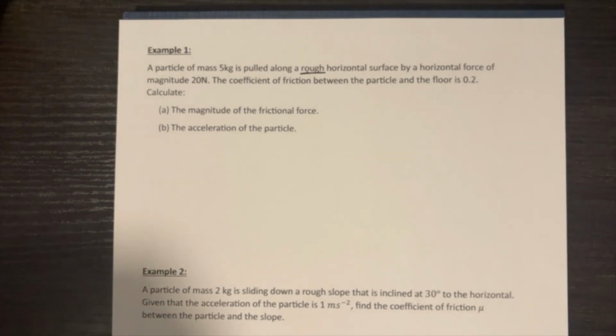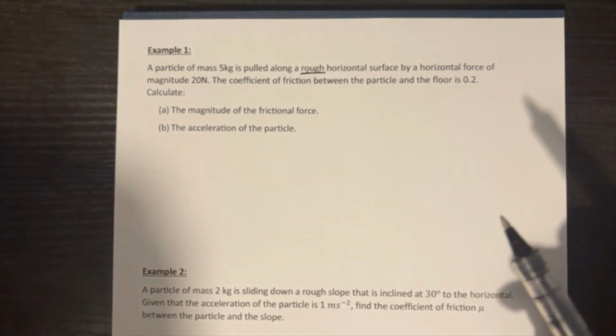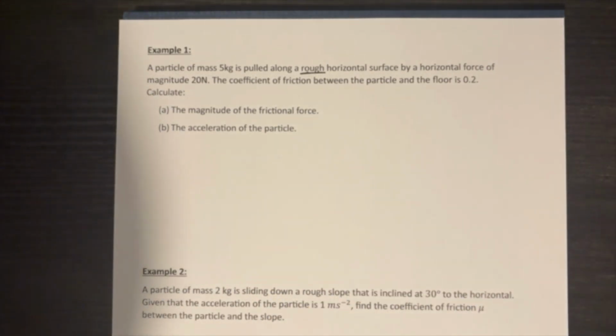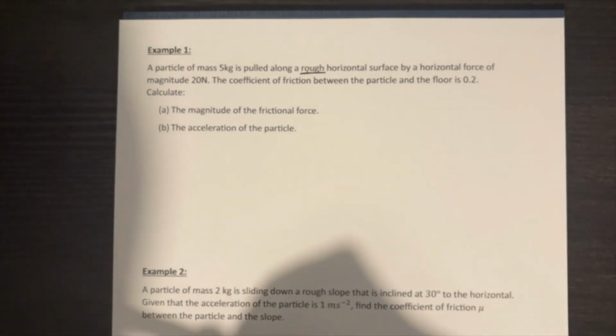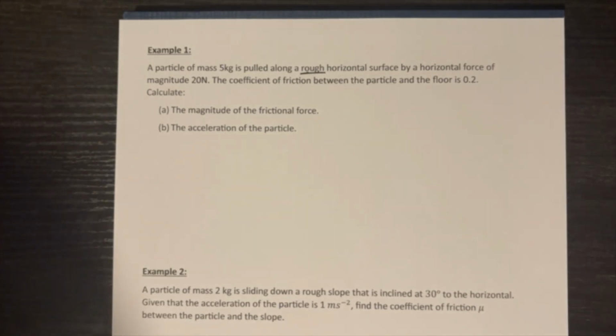As soon as we've got surfaces which are rough, then that's when we're going to start to consider the idea of friction. So a rough horizontal surface by a horizontal force of magnitude 20 newtons. The coefficient of friction between the particle and the floor is 0.2, and we're being asked to calculate the magnitude of the frictional force and then the acceleration of the particle.